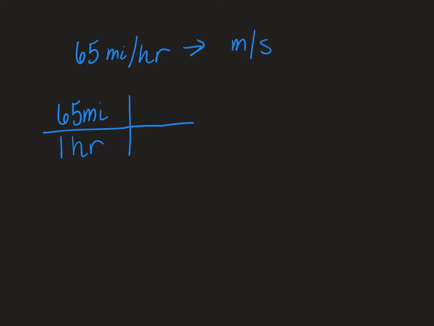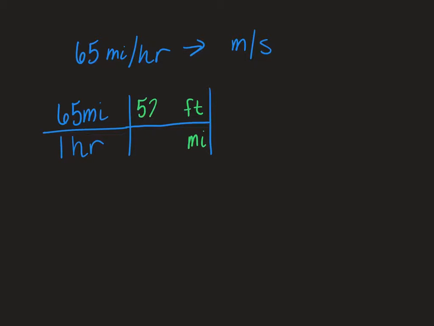To do that, to get rid of miles on top, we have to have miles on the bottom. And then we said we need to go from miles to feet. So looking at a conversion chart, or you may know that there are 5,280 feet in 1 mile.